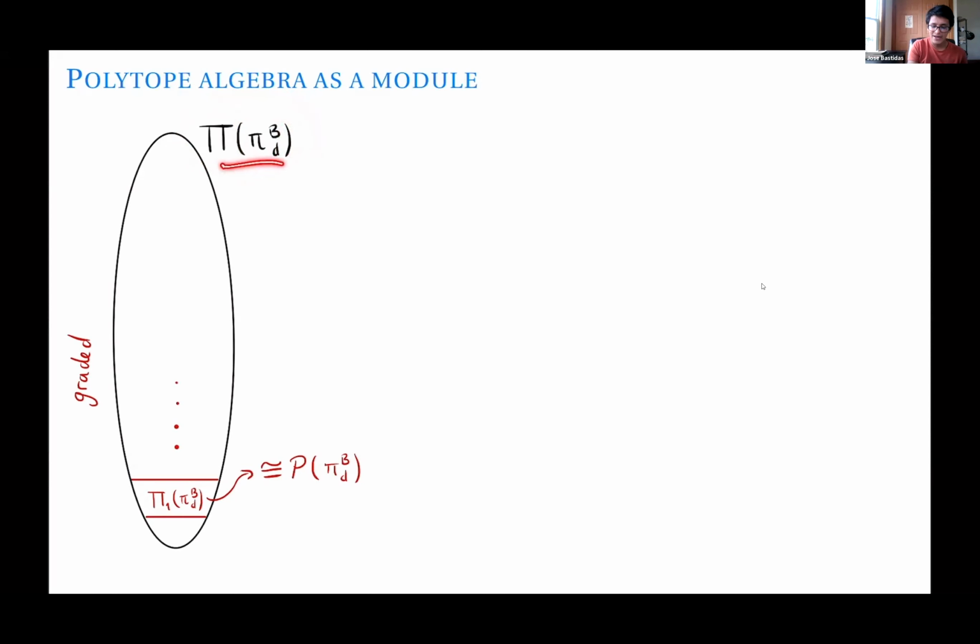And what we get is a finite dimensional graded algebra. And the first graded component of that algebra is, as a vector space, isomorphic to this space of virtual polytopes that I was discussing. Okay, so for today, I'm just going to focus on this first graded piece, but the story can be extended to the full algebra.